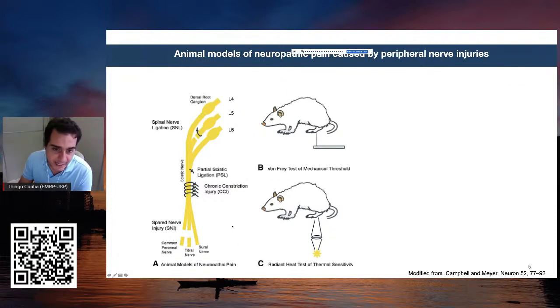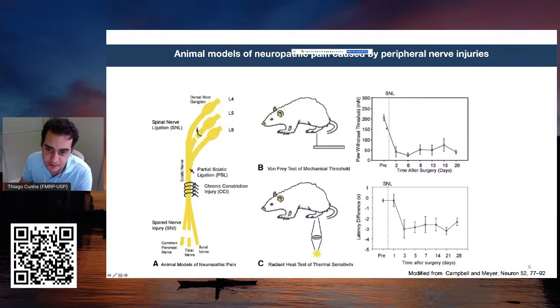When you analyze pain hypersensitivity in mice or even in rats, these animals develop especially mechanical hypersensitivity, which is an important marker of the development of neuropathic pain. We can do this analysis using different behavioral tests, and the most used test is the von Frey filament.